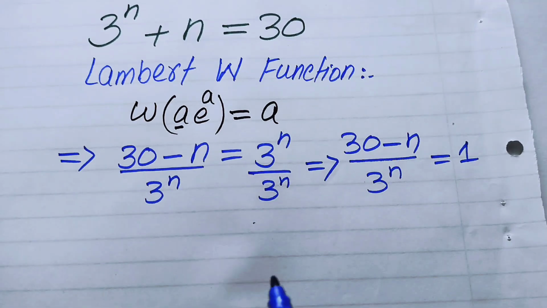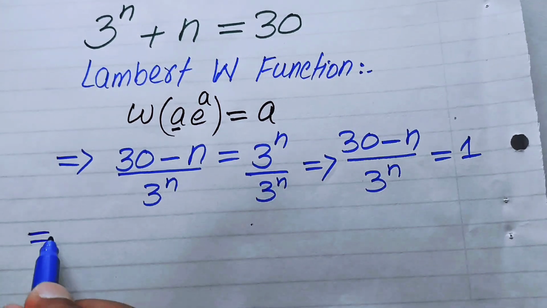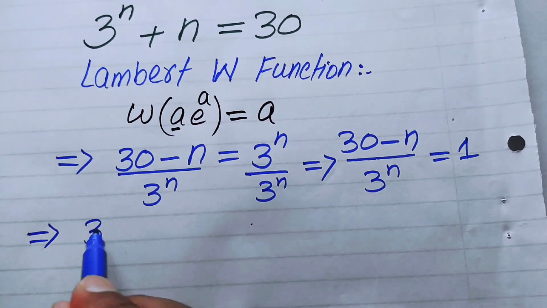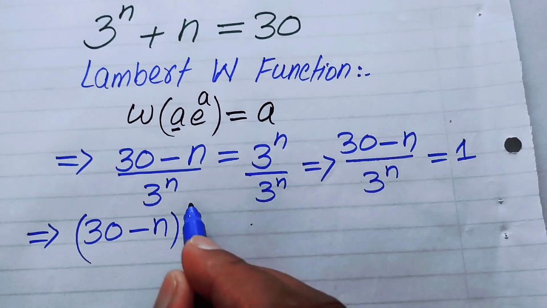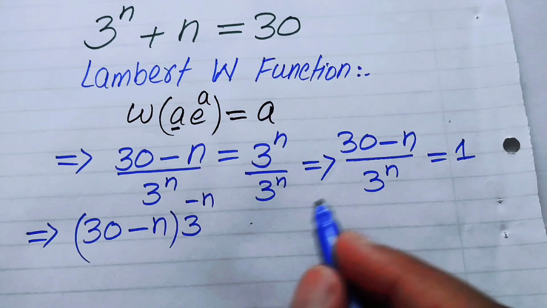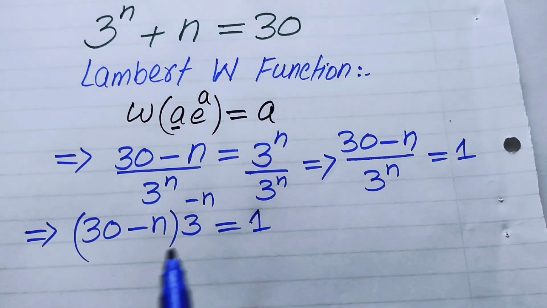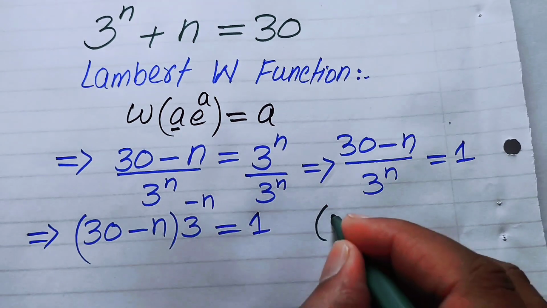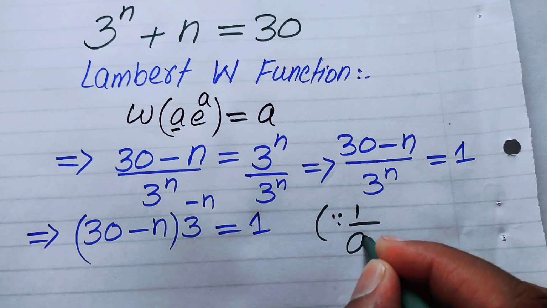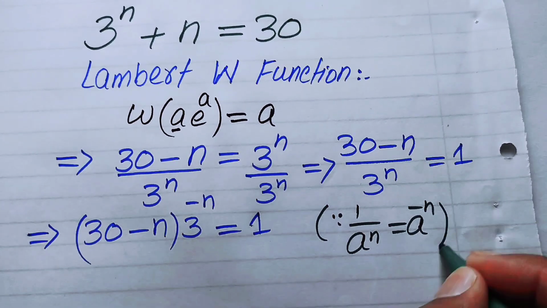After this step we can move this 3 to the power of n to the numerator, and it will be written in the form of 30 minus n times 3 to the power of minus n, and on the right hand side we have only 1, because according to the exponential law, 1 over a to the power of n is equal to a to the power of minus n.